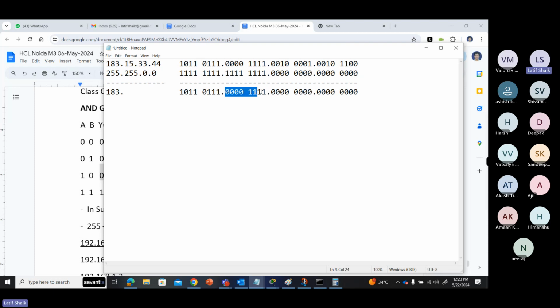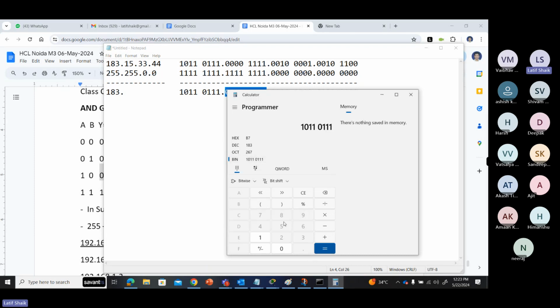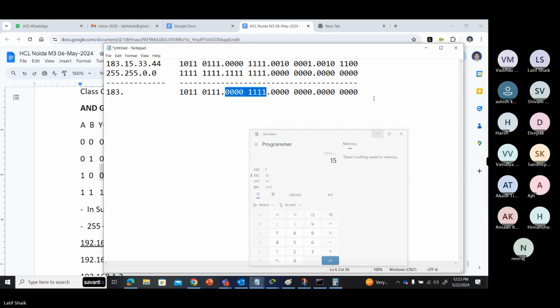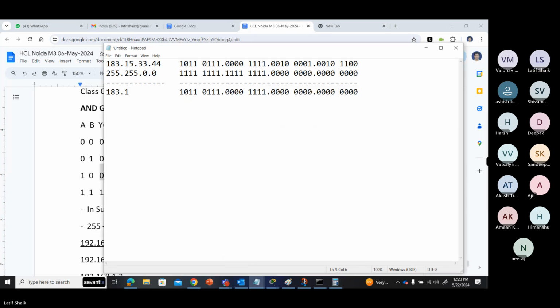Again, we have some number here, that is nothing but 15. 8, 4, 2, 1 gives 15. Remaining are zeros. This is my network ID.